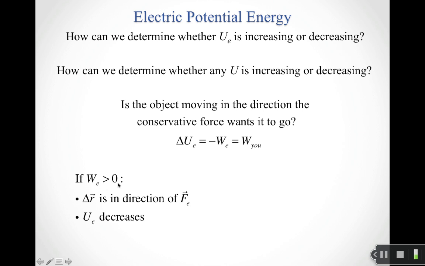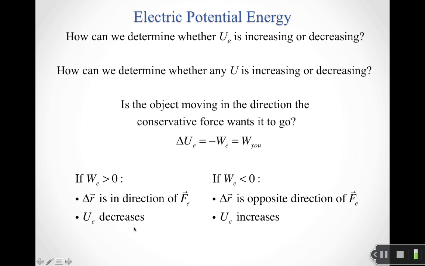So here's a situation where when we think about the electrical potential energy, if the work done by the electric force is positive, that means two things. One, it means that the displacement is in the direction of the electric force, and two, it means that the electric potential energy decreases. If, on the other hand, the work done by the electric force is negative, again, that tells us two things. One is that the displacement is opposite the direction of the force.